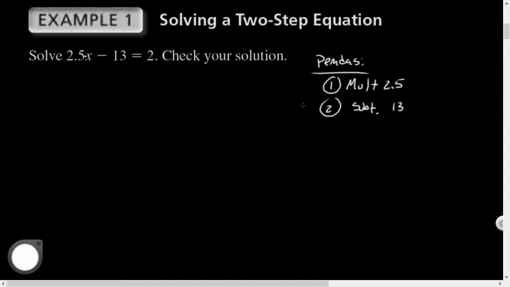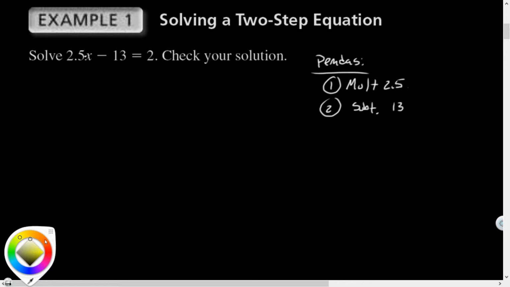However, in this case, the most efficient way to deal with this is not only to undo the operations, but to do them in the reverse order. Imagine like you're diffusing a bomb. You've got to kind of like do it in the reverse order. I want to get x by itself, but I can't touch this 2.5 yet. All right, I've got to do it in the reverse order that it was assembled in, so to speak.